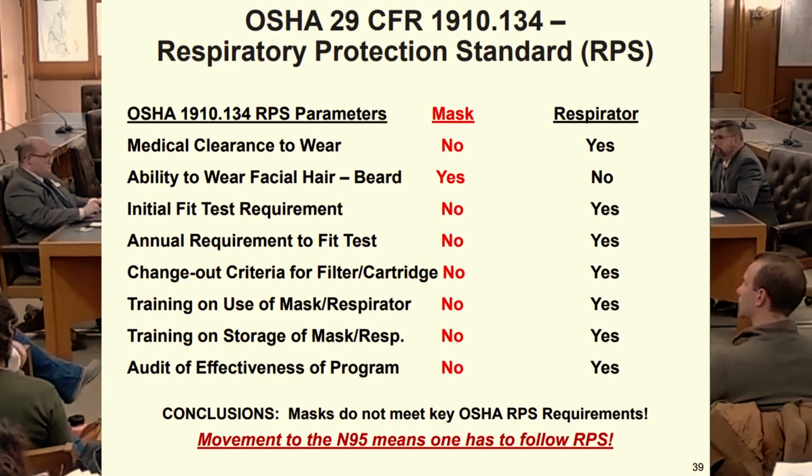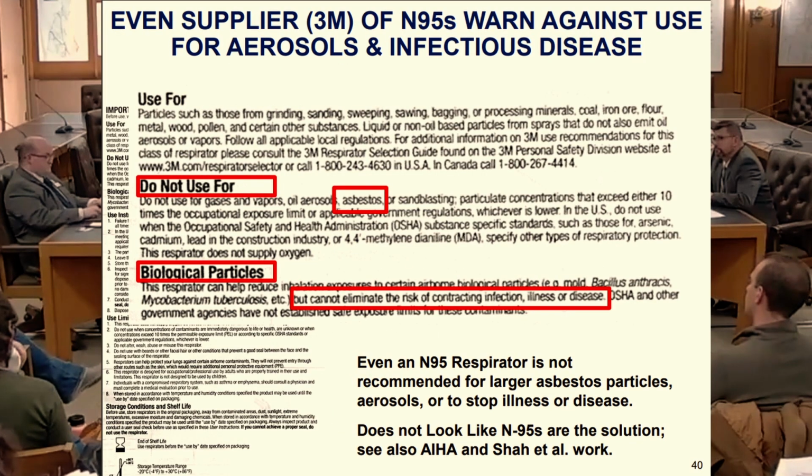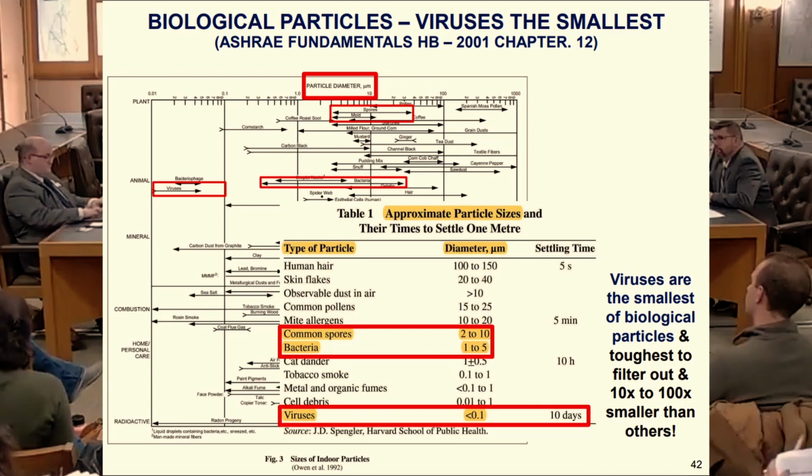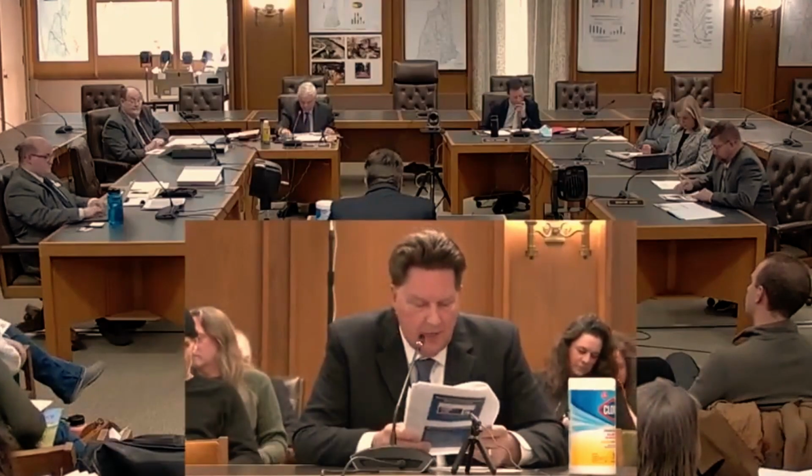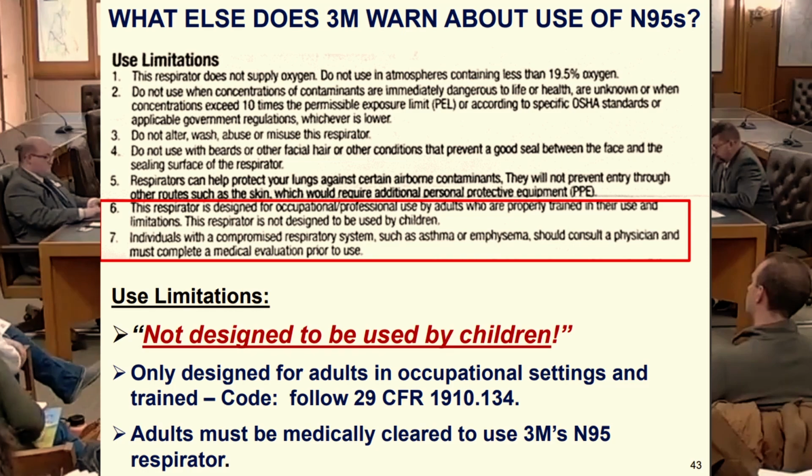They say, well, we want to put children in N95s, and then they link you to the manufacturers' websites, including 3M. What does 3M say about N95s in children? Not designated to be used by children.